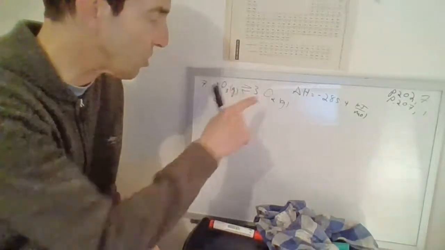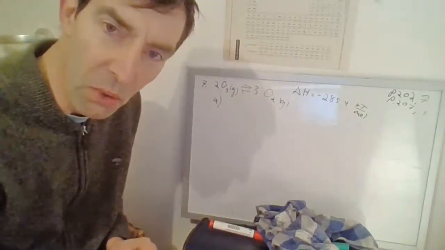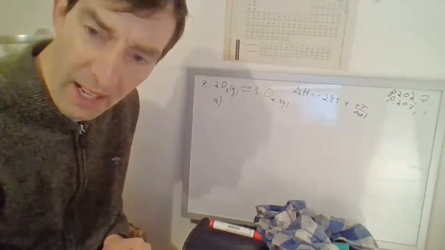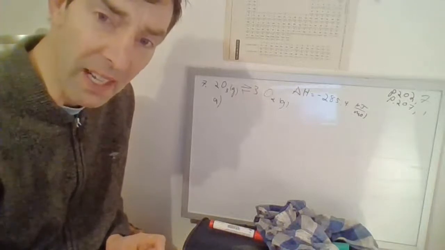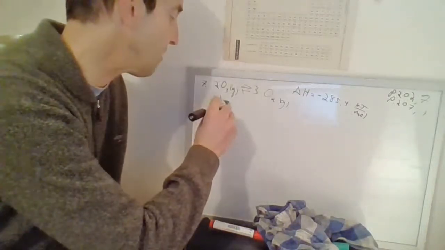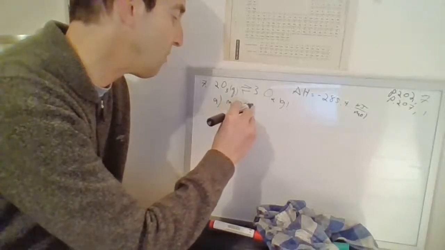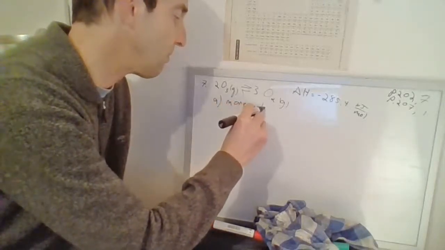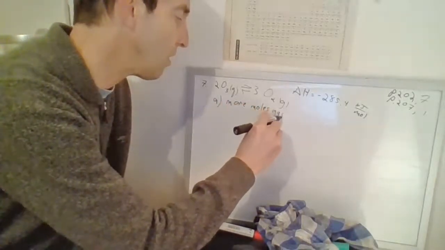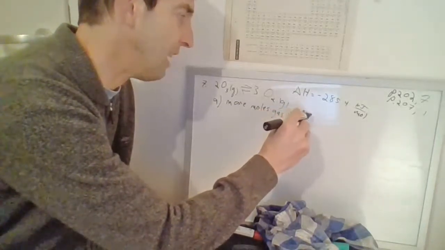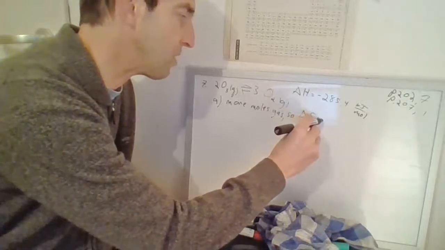More random, right, Bella? More entropy, right. And if it is, we're going to make that a positive. So I'm going to say more moles of gas, so delta S is positive.